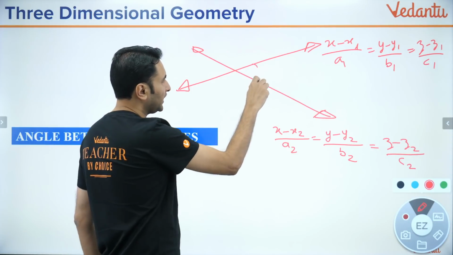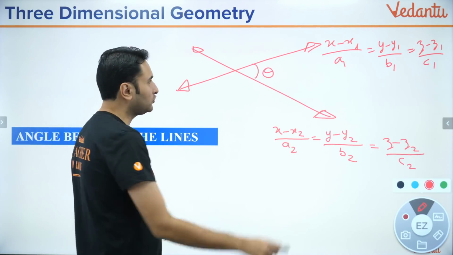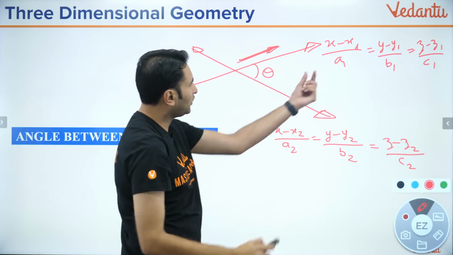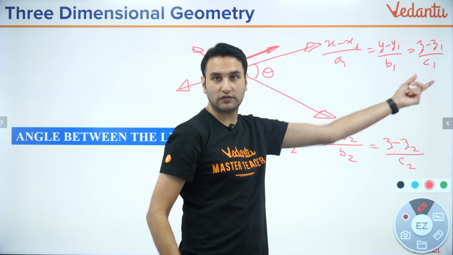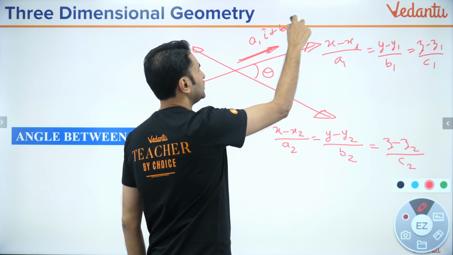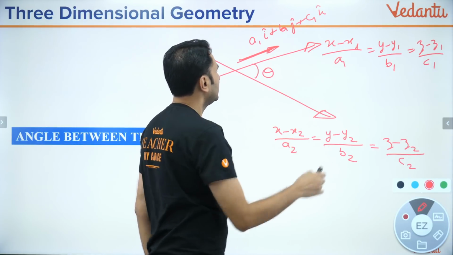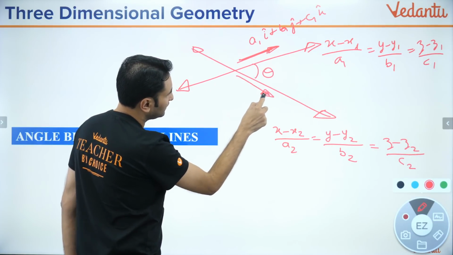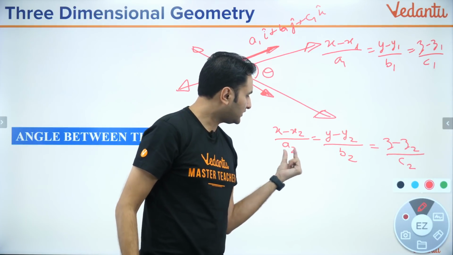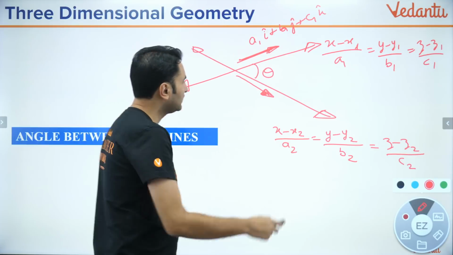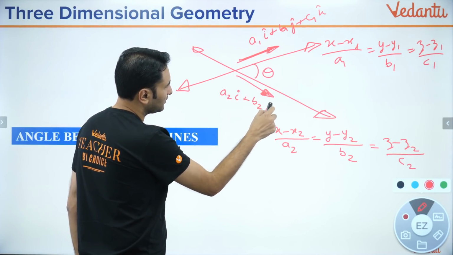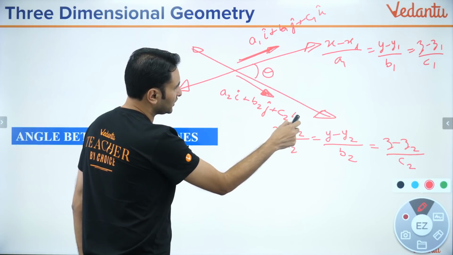ठीक है, I want the angle theta, but what you know is this direction. This direction is a1i, b1j, c1k, and you know this direction as well, the direction to which the other line is parallel, that is a2i, b2j, c2k.